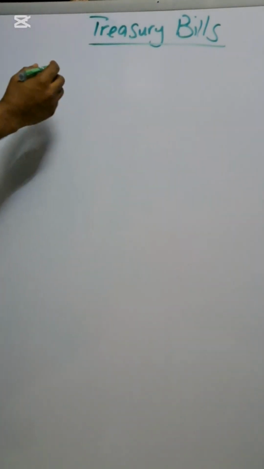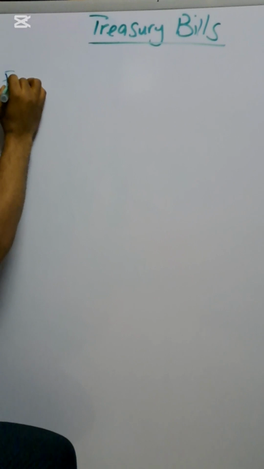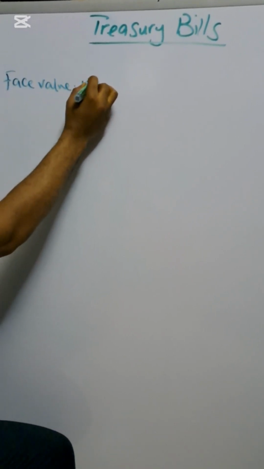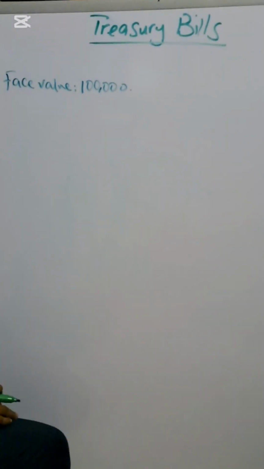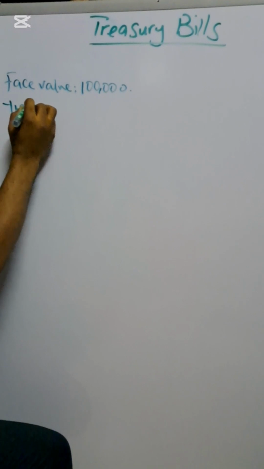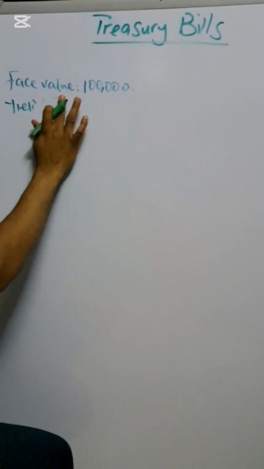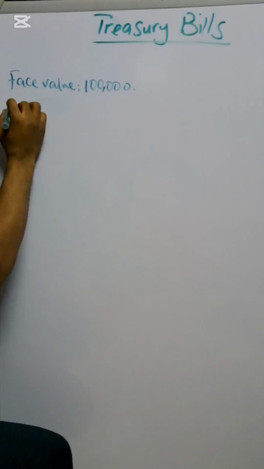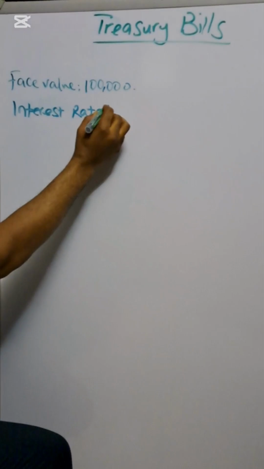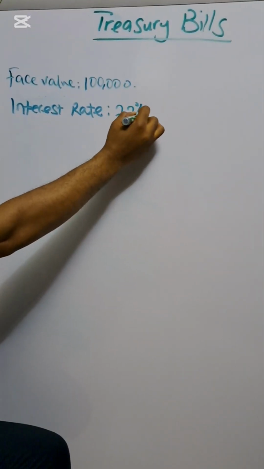Okay, so let's say the face value of this investment is 100,000, meaning this is how much you want to invest. And you're told in the bank that the yield return, or let's just use interest rate for simplicity, you're told currently, I think it's around there, let's say 22%.